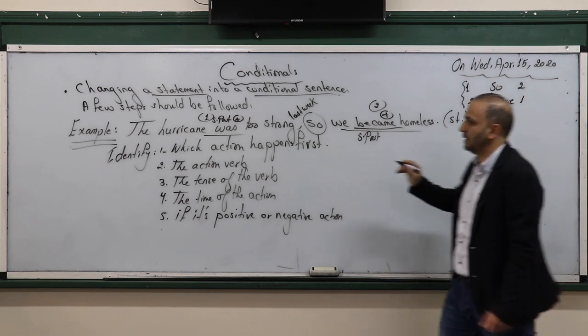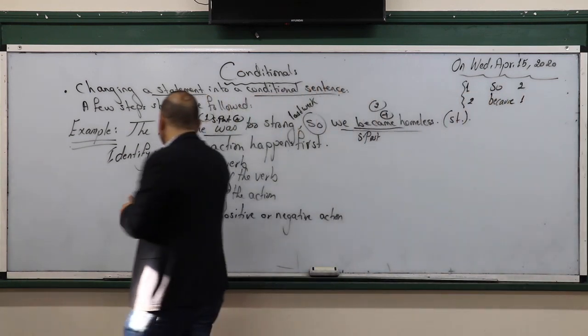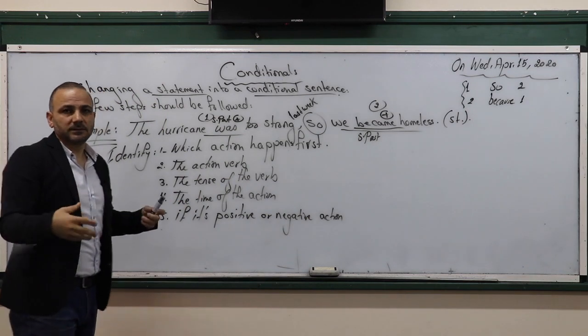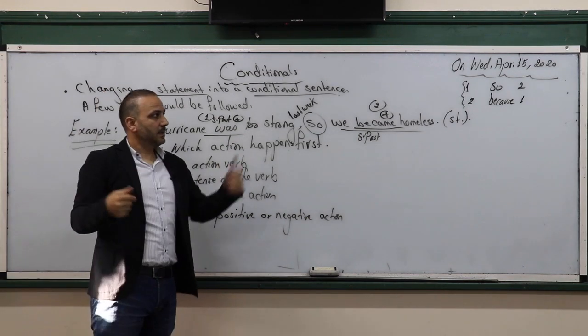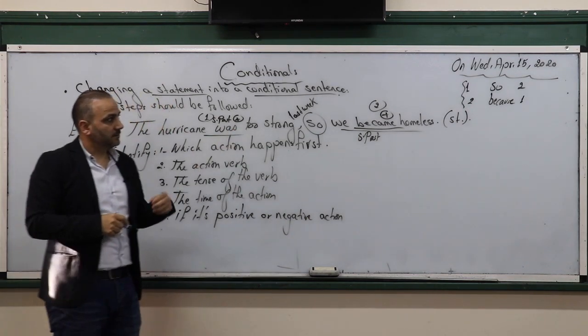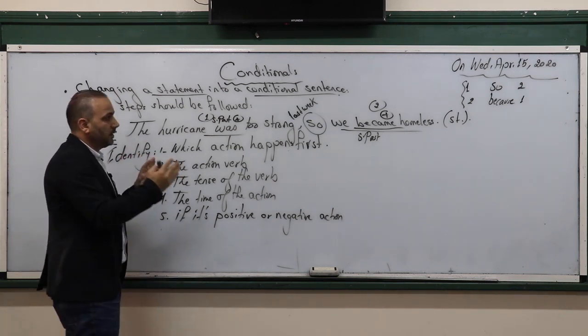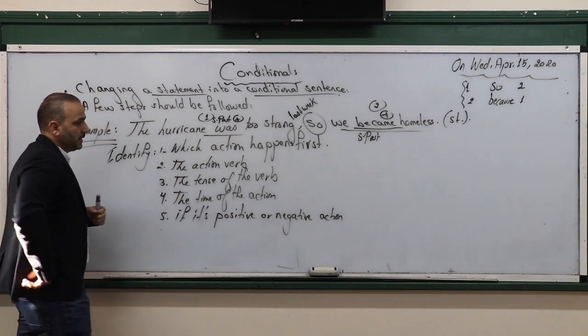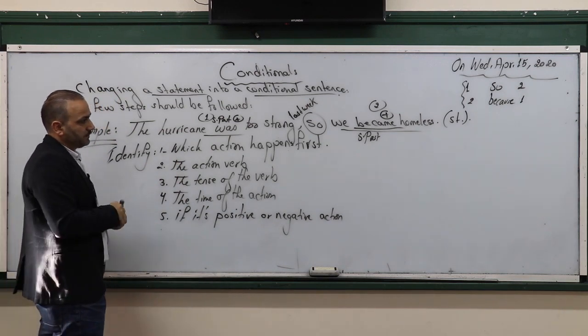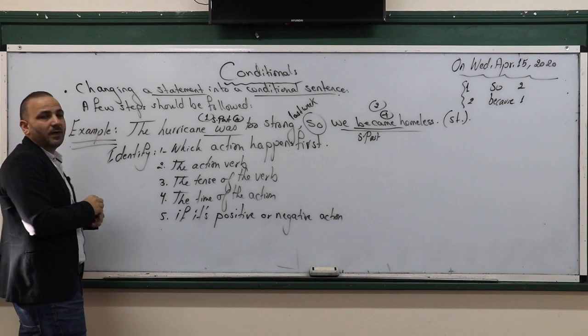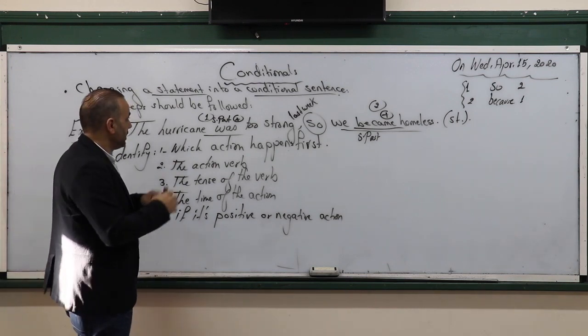I like to do this one concerning a sentence without conjunctions like "so" and "because". But you may have a sentence with "but" and so on, with different clauses. So here you have to identify which action happened first.